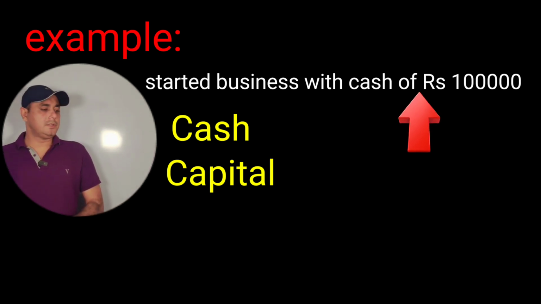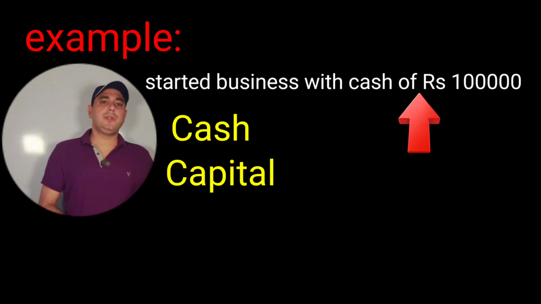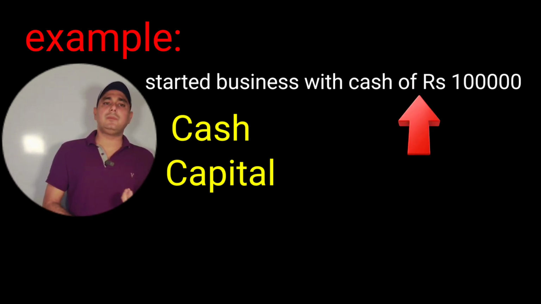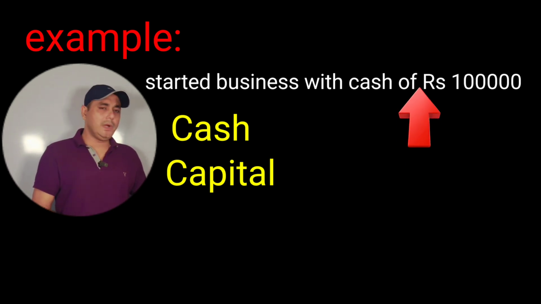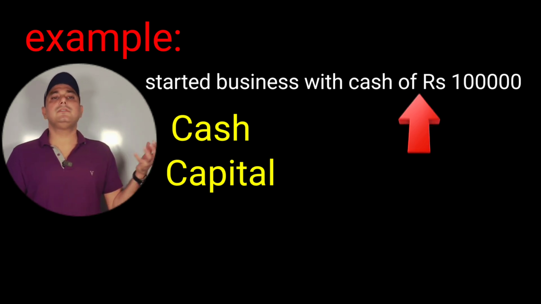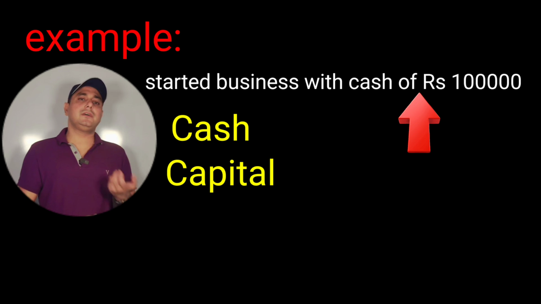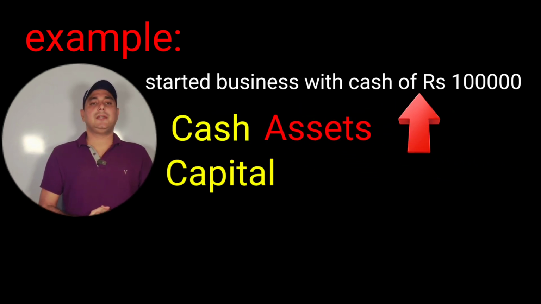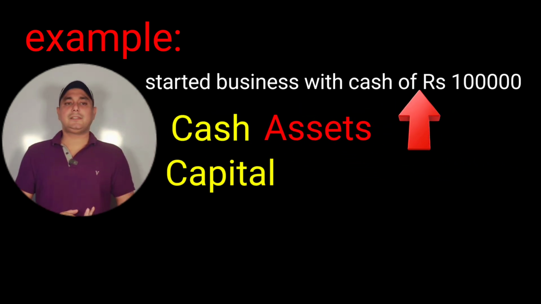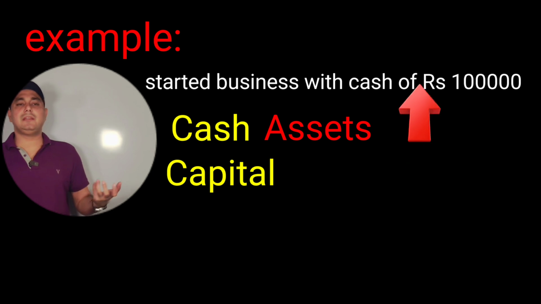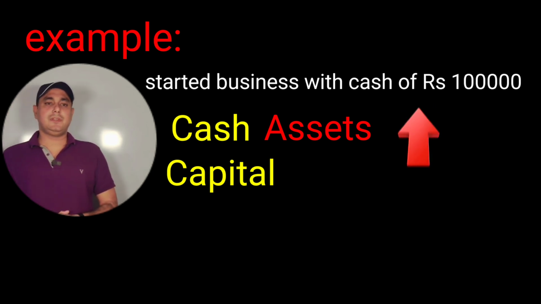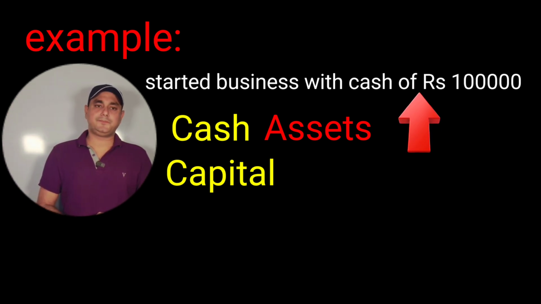For cash, either it will be debited or it will be credited. Then you need to identify in which category cash falls. Cash falls under the assets category, because assets like land, building, plant and machinery, and cash are assets.